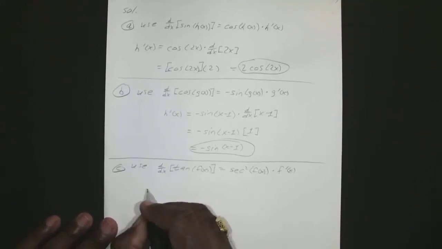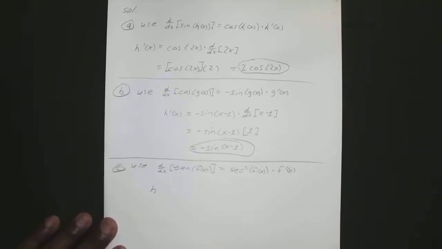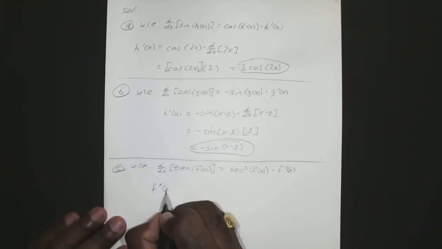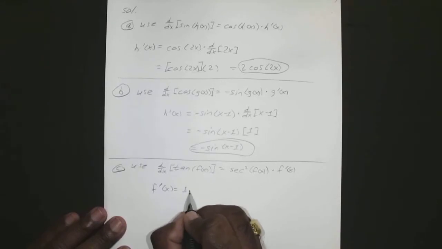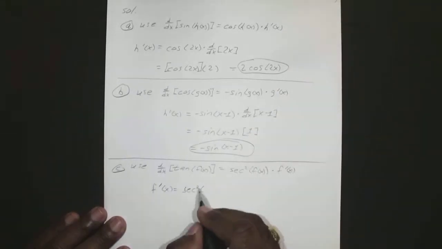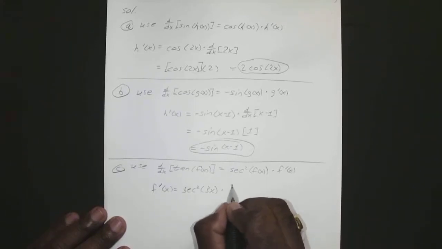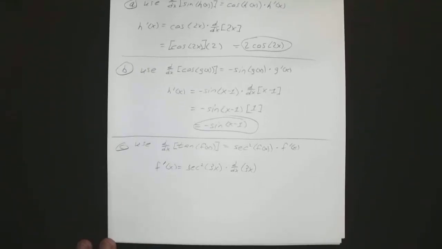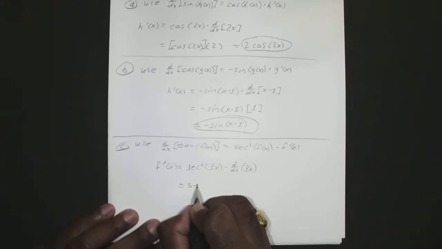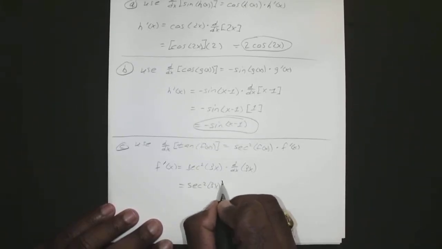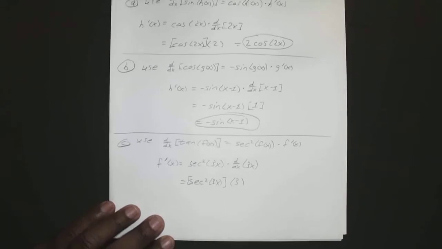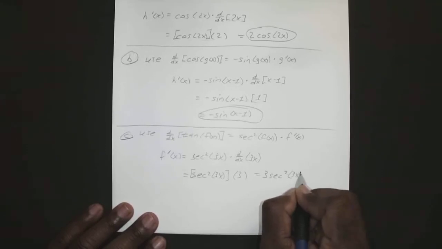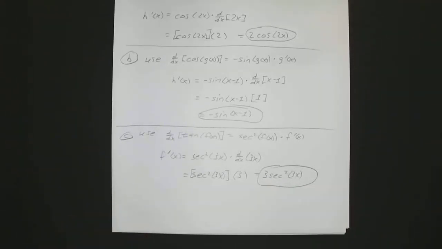So f prime of x is going to equal secant squared of 3x times the derivative of 3x. That's just going to equal secant squared of 3x times 3, which gives us 3 secant squared of 3x.